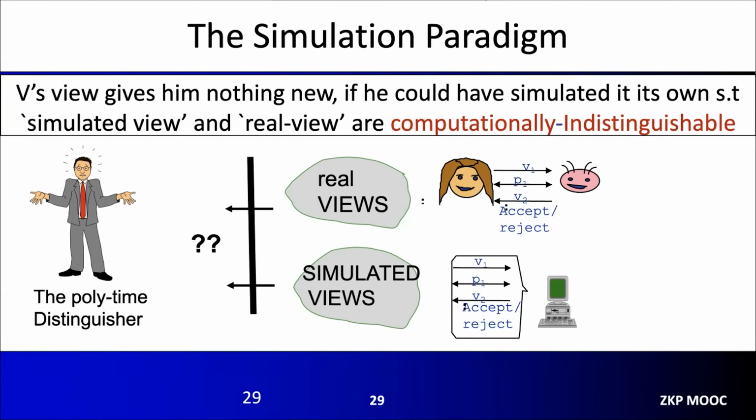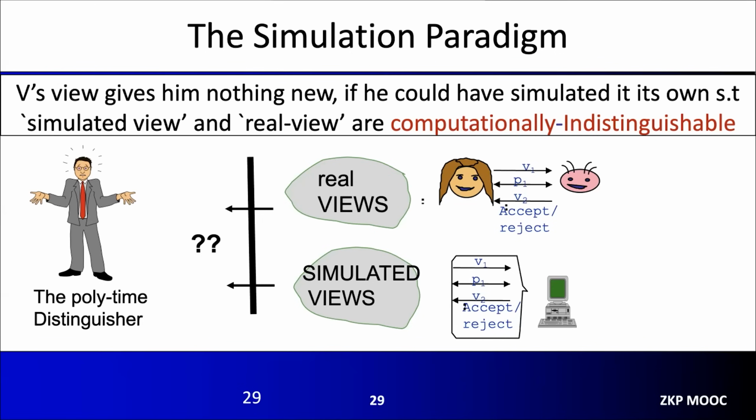I'm trying to determine whether I'm talking to the real view or the simulated view. I'm just going to keep pressing the button, getting views. And at the end, I should tell whether all the views I got were from the real view or all the views I got were from the simulated view. If a distinguisher can't tell this apart, can't tell better than essentially 50-50, I say that these two views are computationally indistinguishable. A polynomial time distinguisher cannot tell them apart.